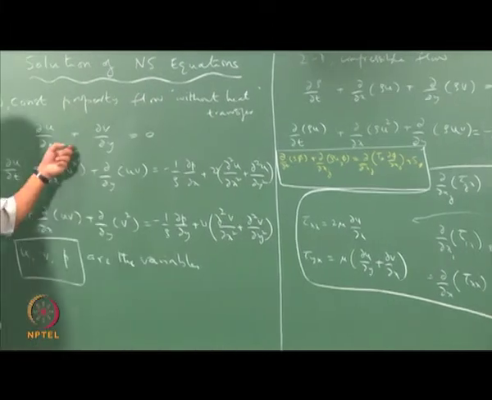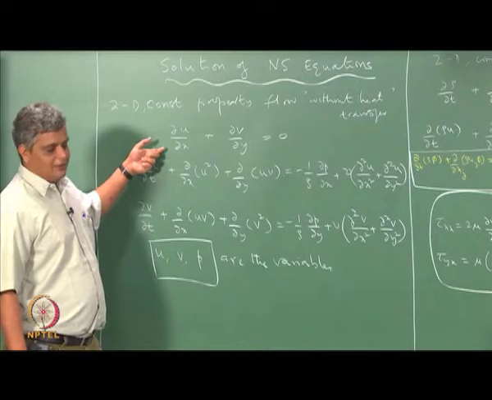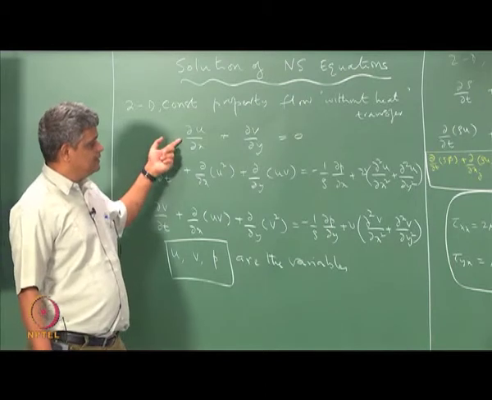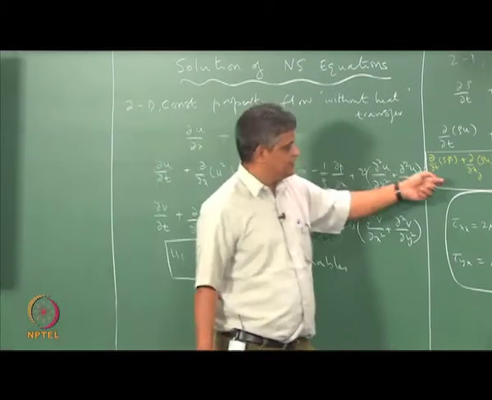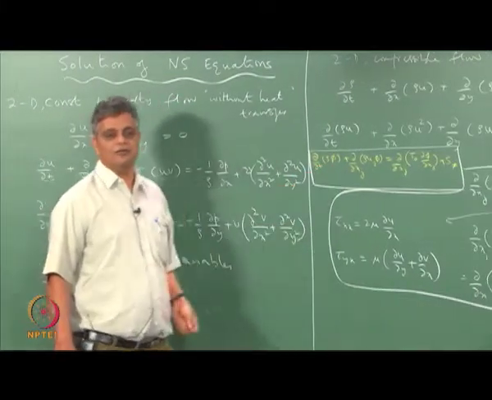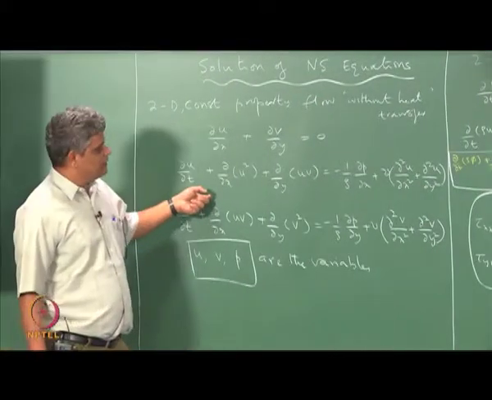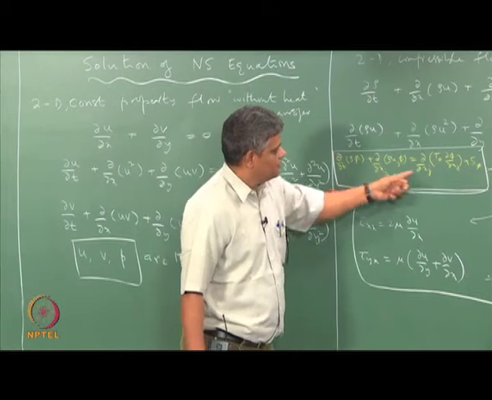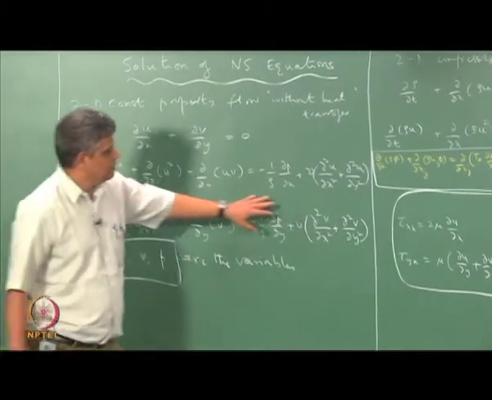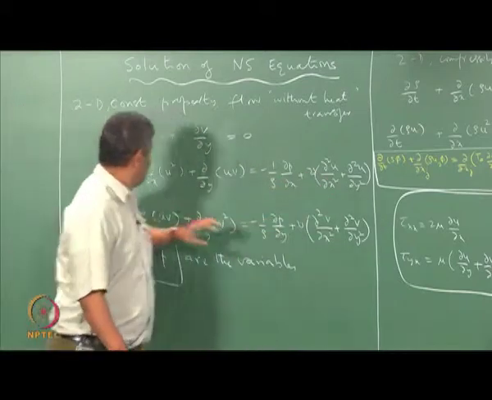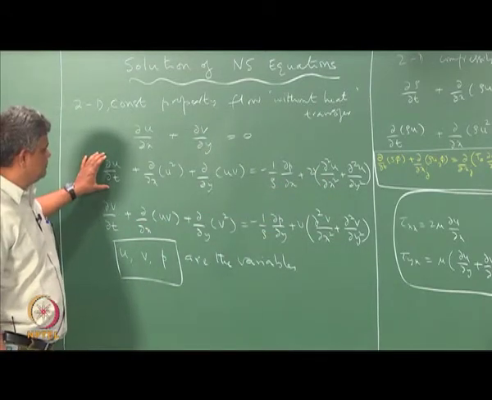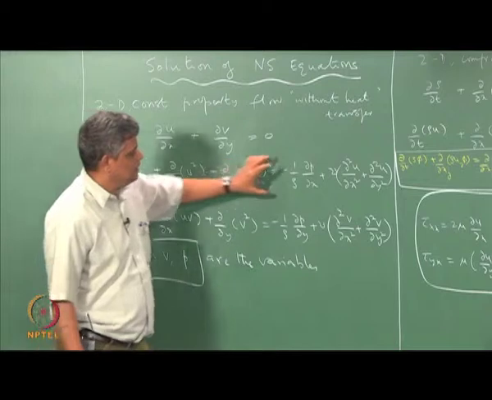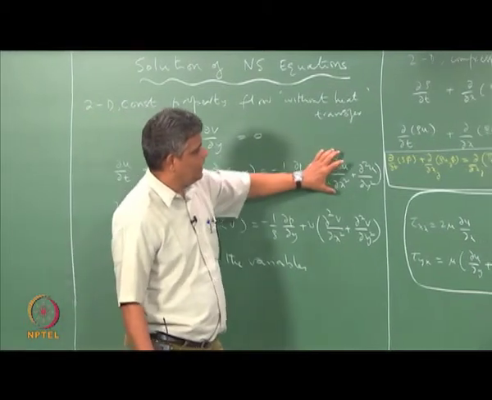But here, this equation looks very simple, but it has two variables, u and v. So in that sense it is not quite like the model equation. When you look at this equation here, you have similar kinds of terms: ∂/∂t term, convection or advection term, and diffusion terms. You can consider this to be like the model equation with a time dependent term, the two terms arising out of the advection term, a source term which is a pressure gradient, and the diffusion term.